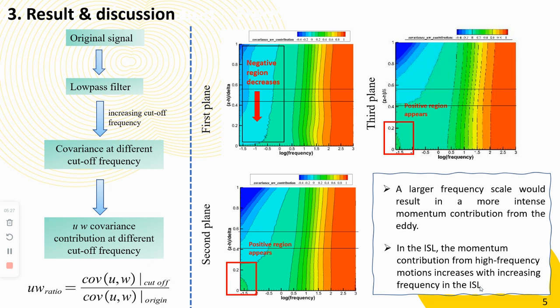It means in this area, the large scale turbulence influences the momentum transport. So this is maybe the reason why the log law is not applicable in this region from the turbulence scale point of view.